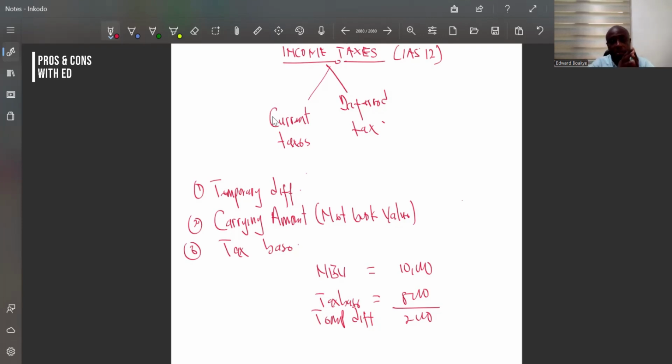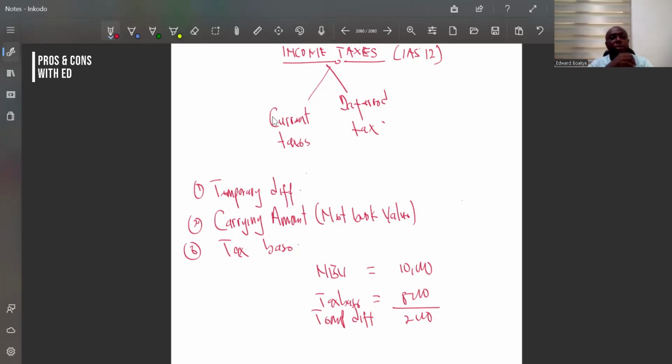Capital allowance. So mostly companies make sure that their depreciation rate is equal to the capital allowance rate, so that you don't get differences between the tax base and the carrying amount that lead to deferred taxes. Because without differences, there will be nothing called what? Deferred taxes.